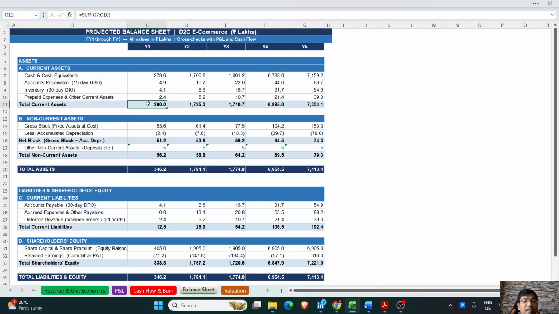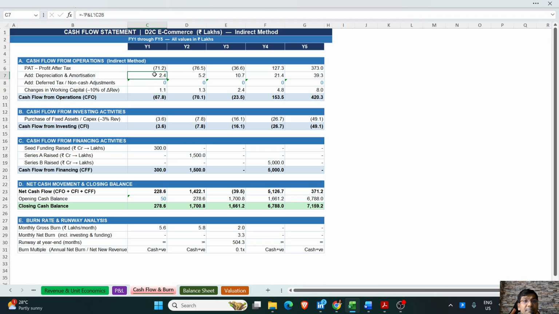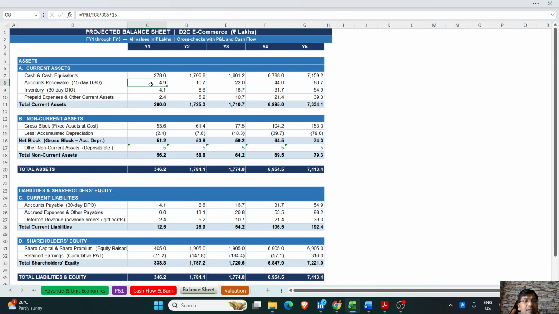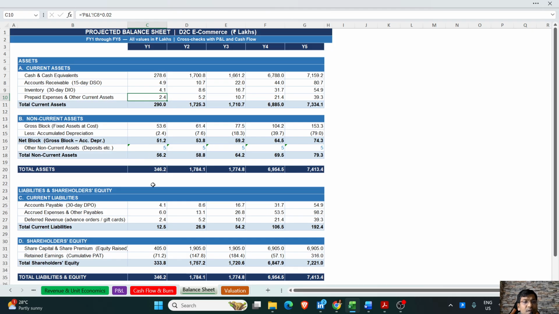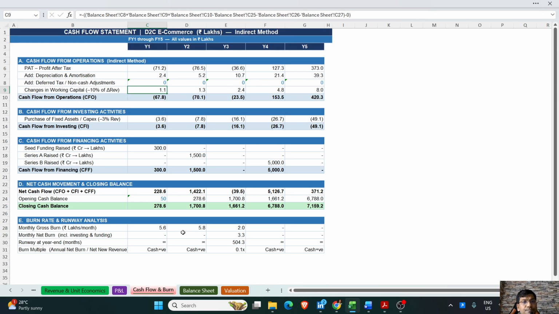This becomes my total current assets, but that includes cash also. So for the purpose of change in working capital, I will say C8 plus C9 plus C10, and then minus C25, C26, C27. So it becomes accounts payable, accrued expenses and deferred revenue.